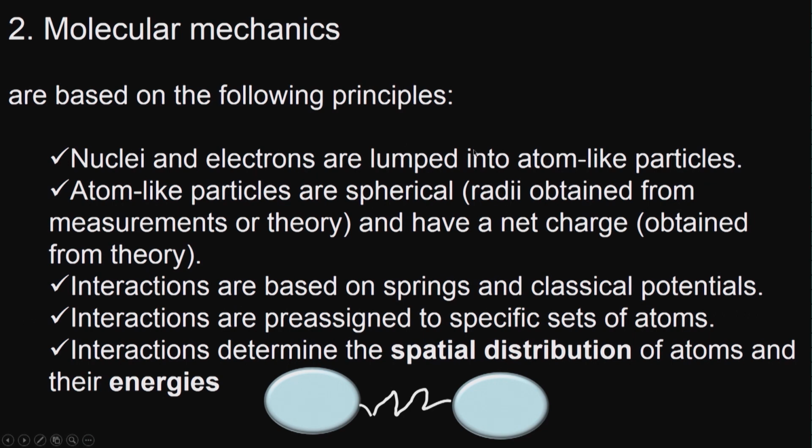So springs get stretched, springs bend, and there could be interactions because of the stretching and bending aspects. So two types: the molecular mechanics or force field approach, and the other one is called quantum mechanics. In quantum mechanics we have the ab initio and the semi-empirical method.